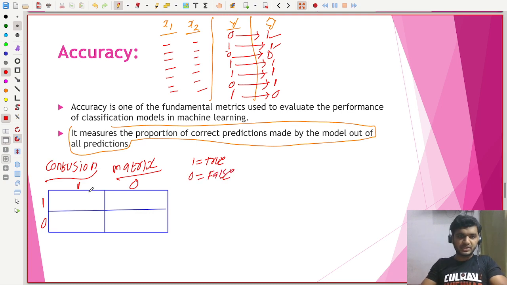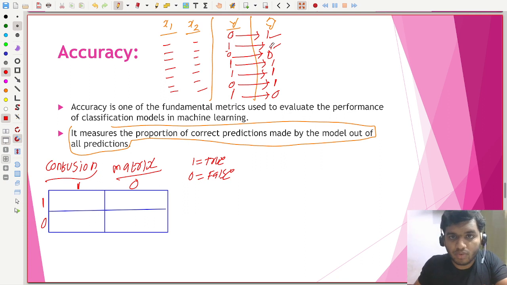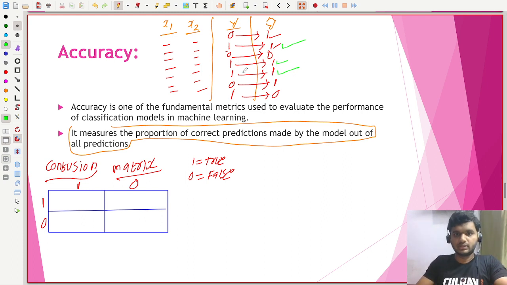Actual is 1 and predicted is 1: how many 1 1 are present? You notice 1, then 2, then 3, so you write 3.